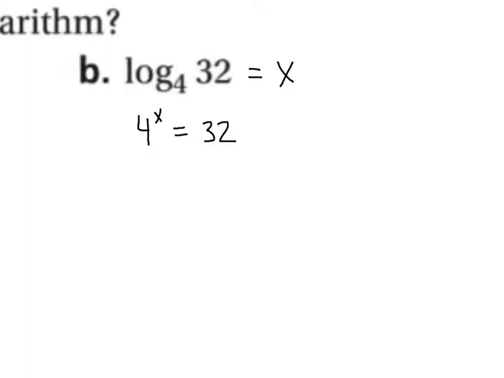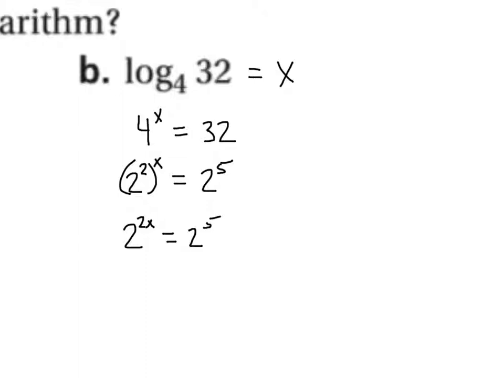Okay, so 4 can be rewritten as 2 to the 2nd power, raised to the x power. How about 32? 2 to the 5th power is 32. So what do I do when I have a power raised to a power? I multiply them. So I have 2 to the 2x power equals 2 to the 5th power.